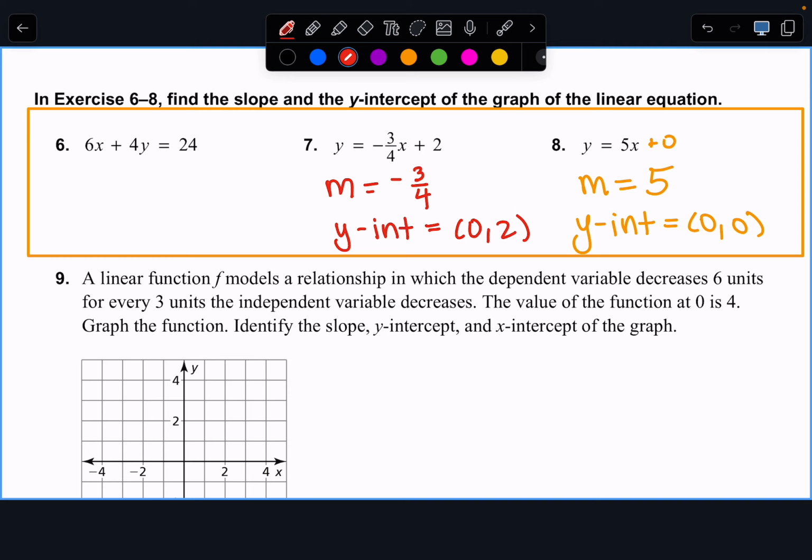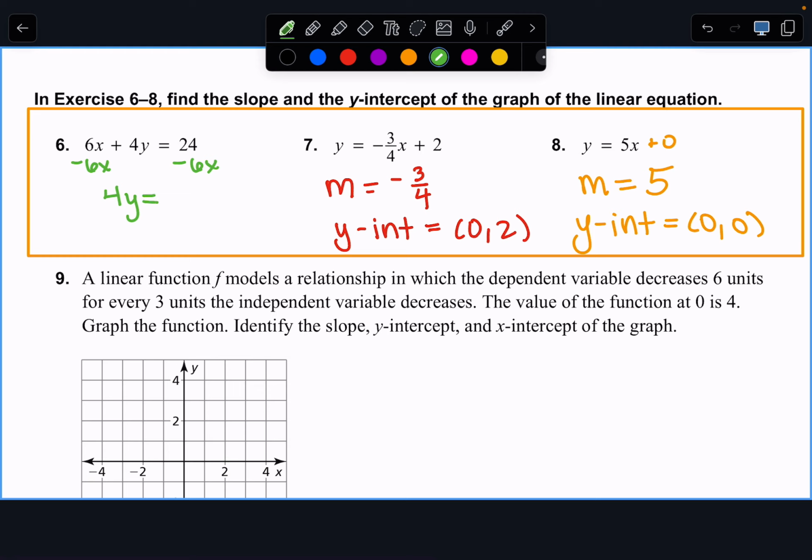Number 6 is not in slope-intercept form. It's in standard form. So what should we do? We need to solve for y like we would in a literal equation. We need to subtract 6x so that 4y equals.